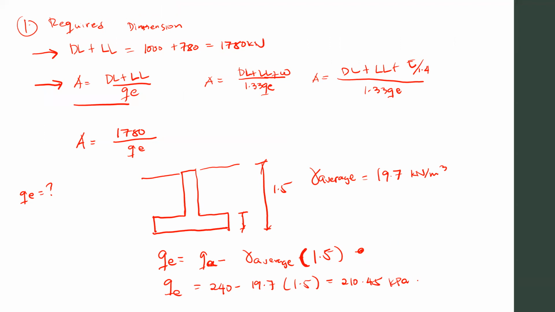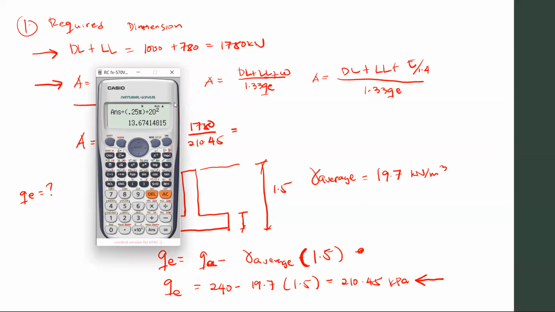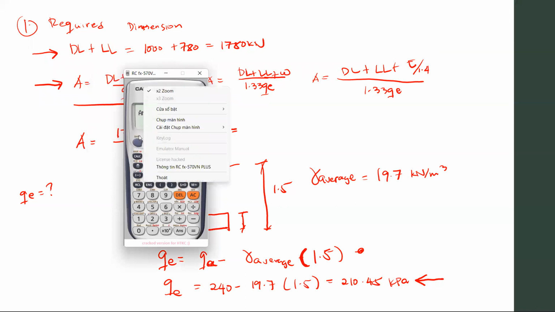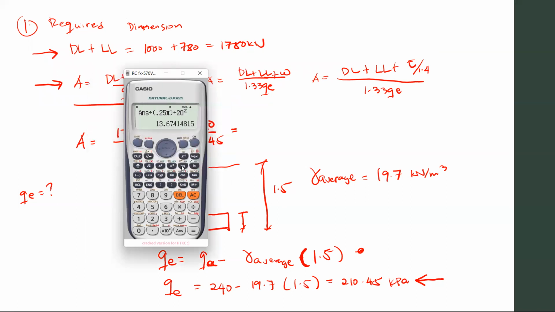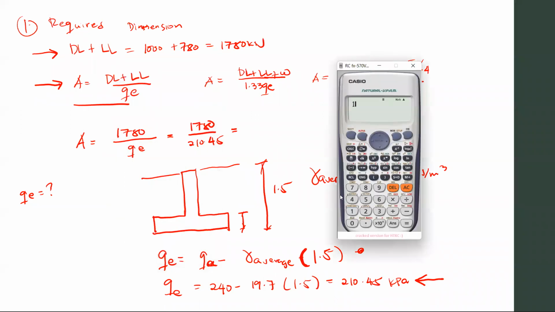Okay? So ito ang ilalagay mo dun sa Q sub E. So therefore, 1,780 divided by 210.45. So that is, anong area natin dito? So that is 1,780 divided by 210.45.